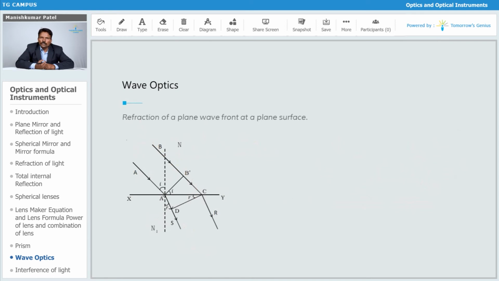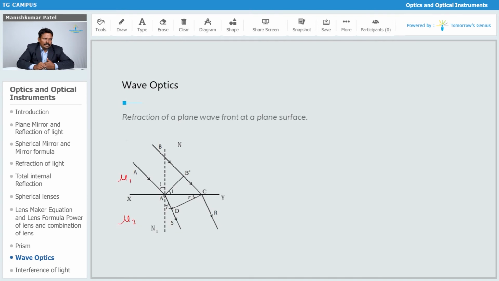Now you have to prove the refraction of a plane wavefront at a plane surface. A1B1 is the incident wavefront. When the wave reaches point A, according to Huygens wave theory, it will act as a secondary source of light, emitting light in the second medium, whose refractive index is obviously different.